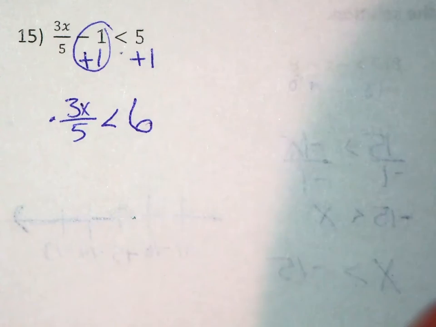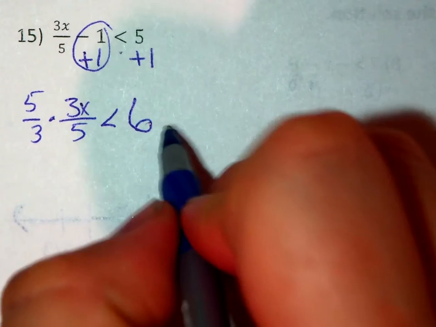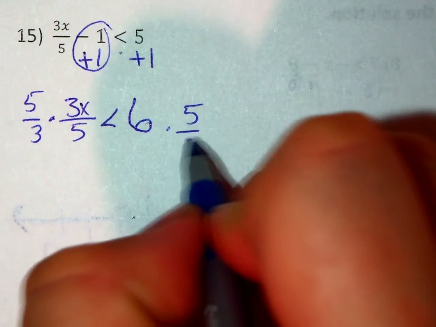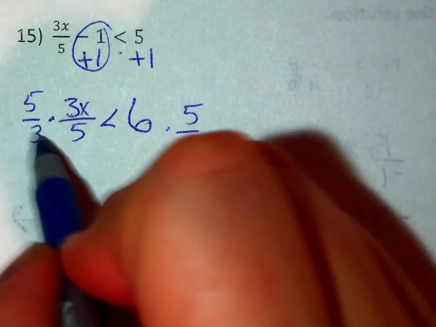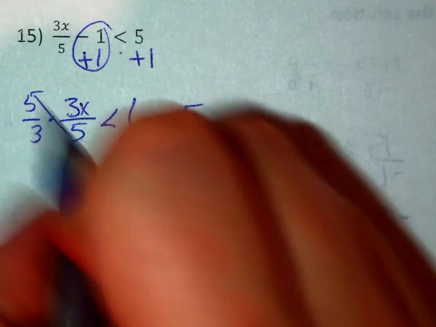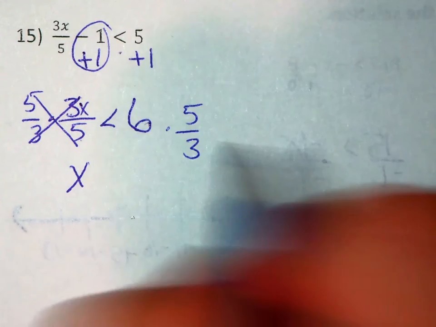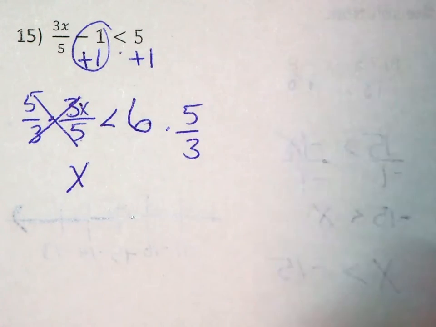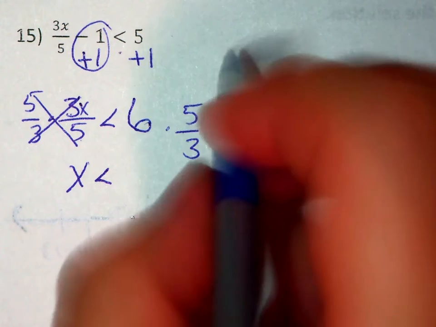And now I can multiply by my reciprocal, 5 over 3. So 5 times 3 is 15. 3 times 5 is 15. Those will both cancel each other out and drop down an x. And since I'm not multiplying or dividing by a negative term, my symbol will still stay the same.